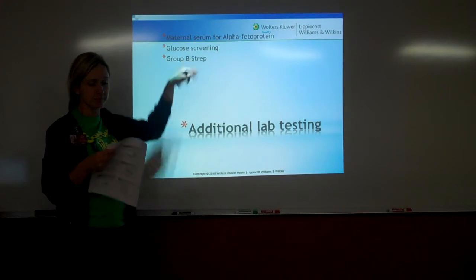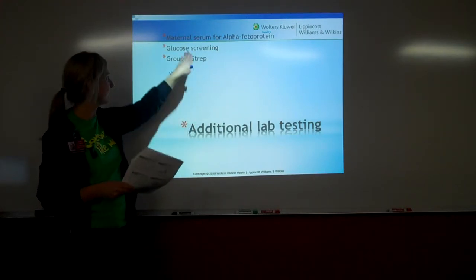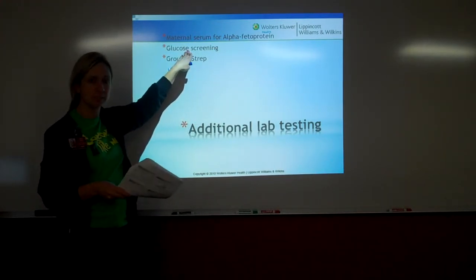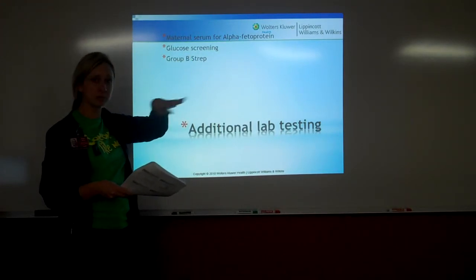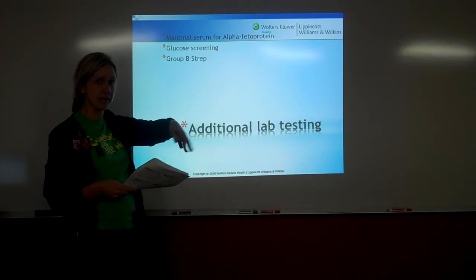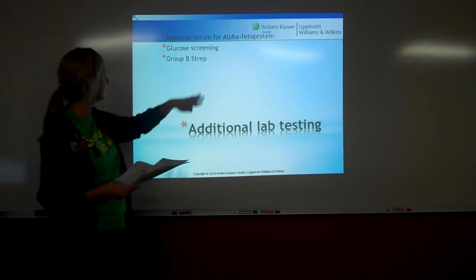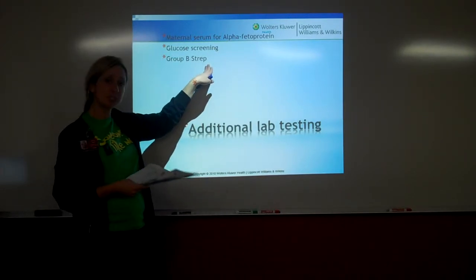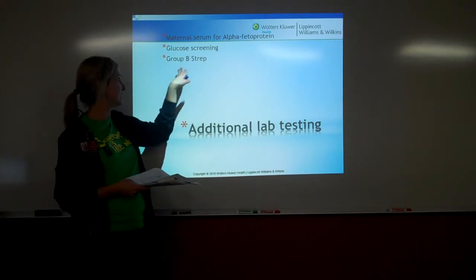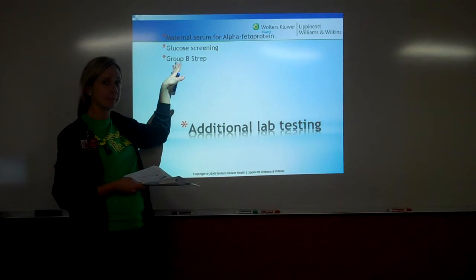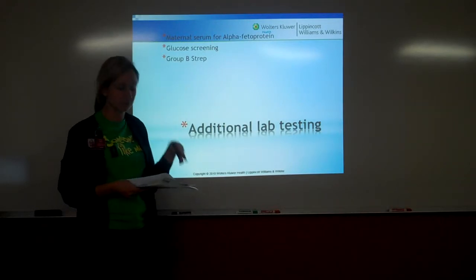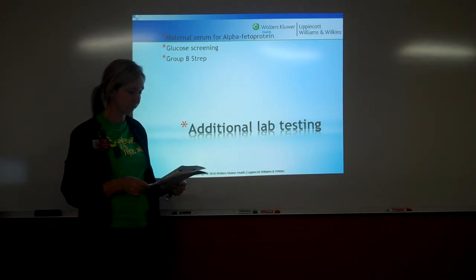This is an oral glucose that you drink, and if your 1 hour is normal, you're fine. If it's abnormal, then you do a 3 hour. And then group B strep is done at 37 weeks, and we're going to have a guest speaker who leaves a very lasting impression on you guys with group B strep, so I'll leave that to her.